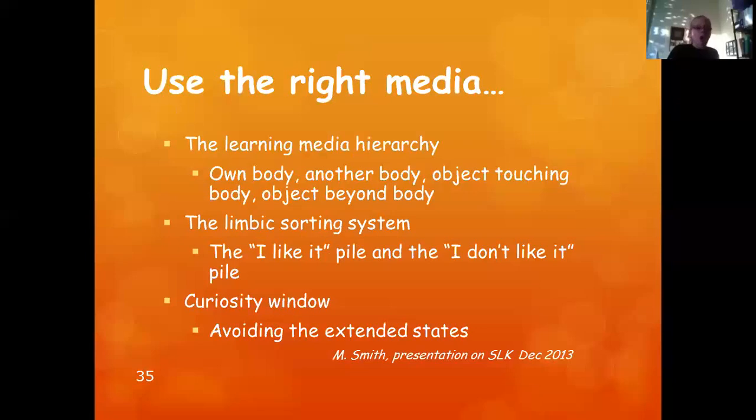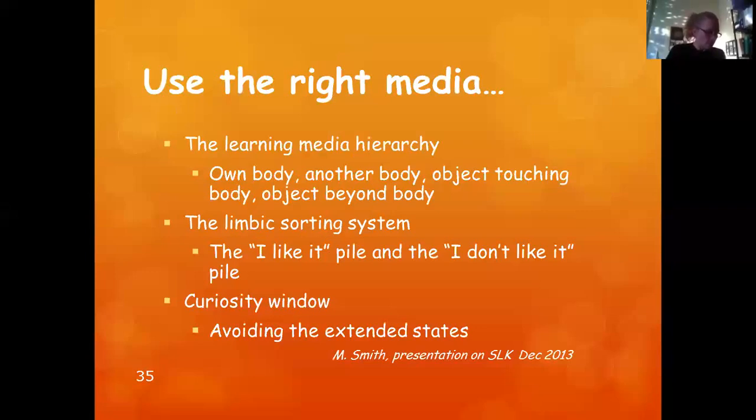And then we always have to think about how the brain sorts information, and specifically the limbic system. It sorts things into, I like this, I'm going to attend to this, or I don't like this, I'm not going to attend to this. And that curiosity window, that I like this, helps in avoiding those extended states. And by extended states, I mean two things.